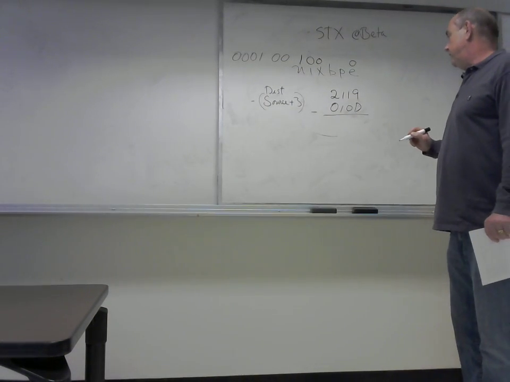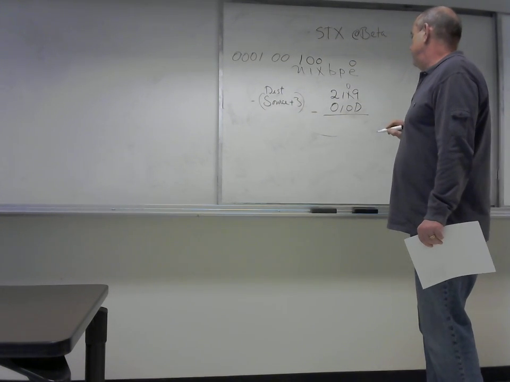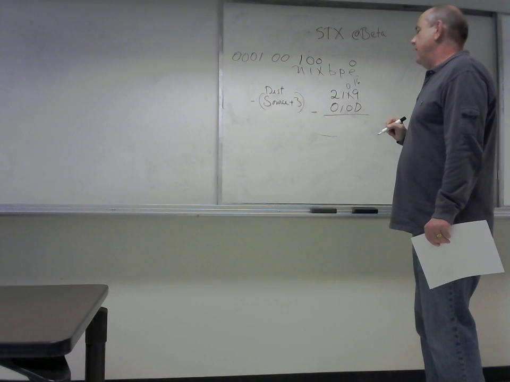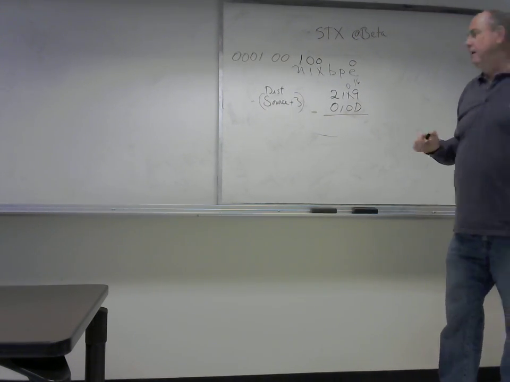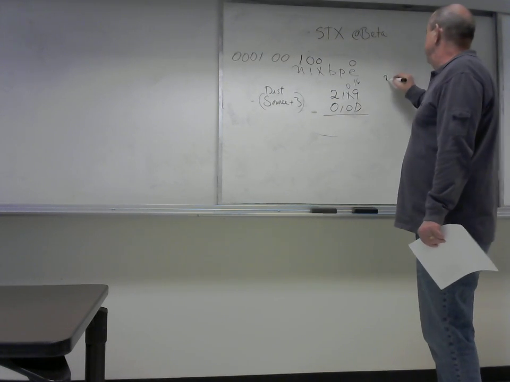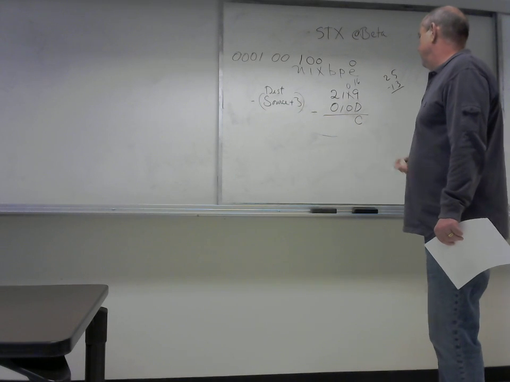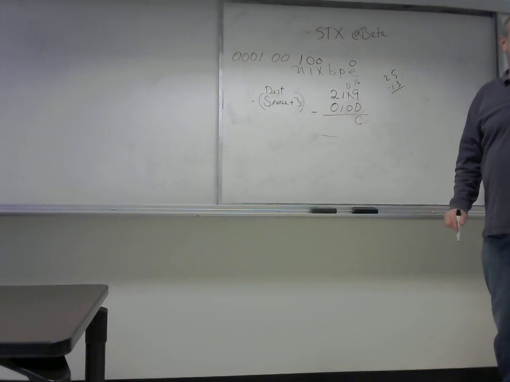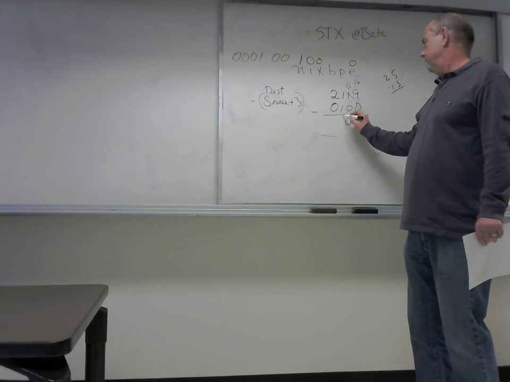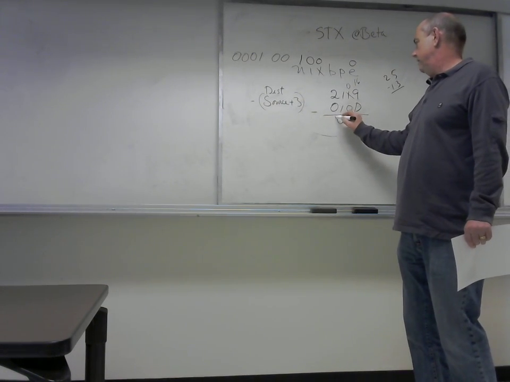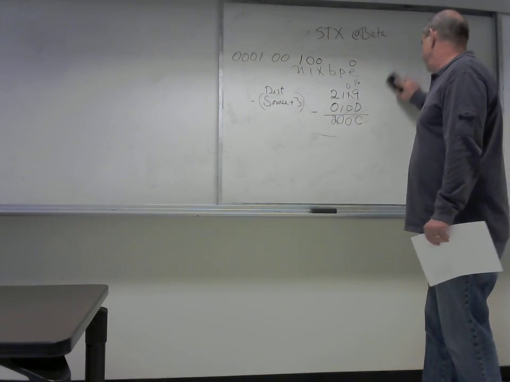D is 13, so we can't do 9 minus 13. We have to borrow 16 and we had 9. And that's 25 minus 13. Yes? 0 minus 0, 1 minus 1, 2 minus 0 is 2. Okay, we have 2, 0, 0, C.